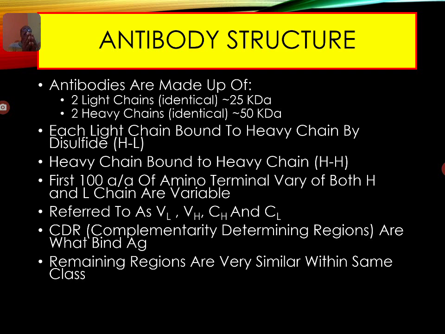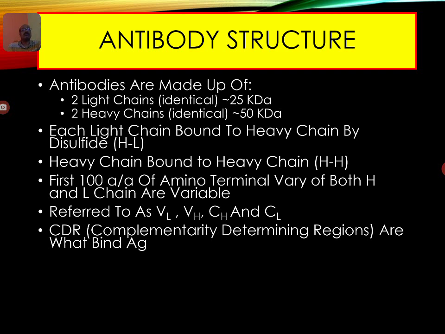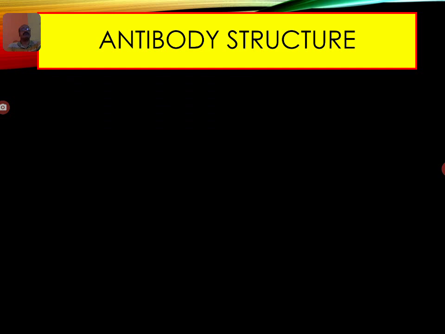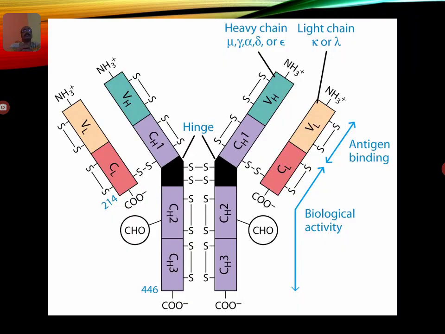Again we can go to the structure of this Y-shaped antibody. You can see there are different protein domains. In a typical Y-shaped immunoglobulin, in the heavy chain there is one variable region and three constant regions, that is, domains.